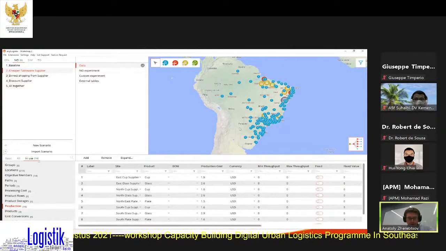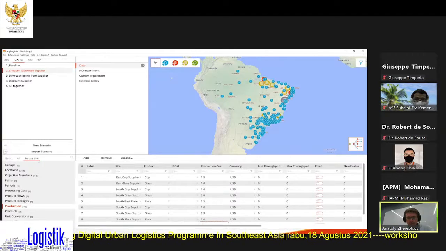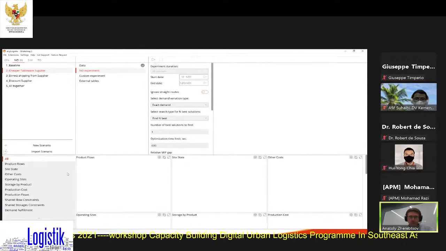and the production cost for cup, for example, is lower than for the ones that we used previously, and the same is for plate. So result should be pretty obvious, but let's check it. I will run network optimization for this scenario again.